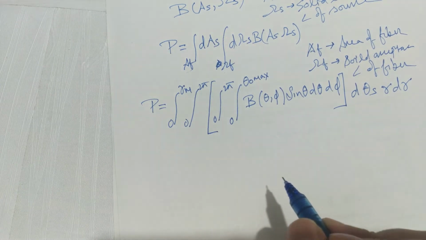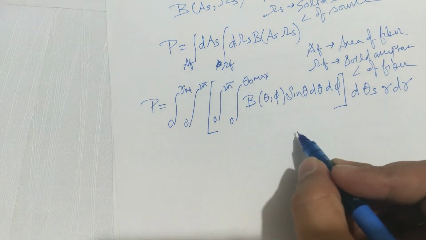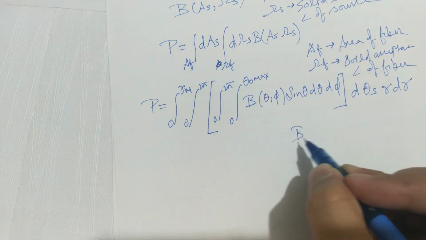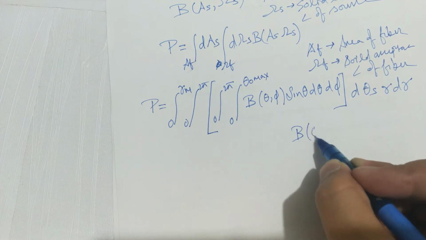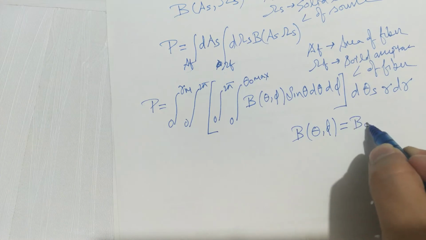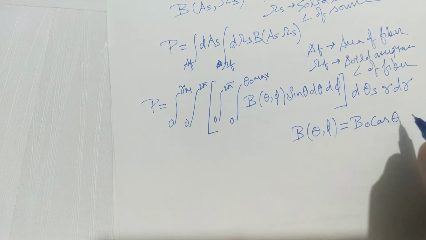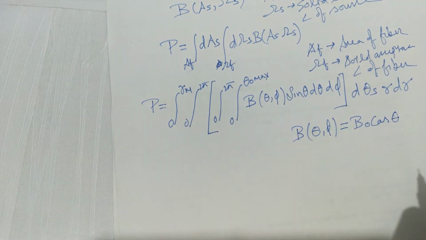We note that for a surface emitter, the Lambertian pattern was defined by B(theta, phi) equal to B_0. This is also a formula which we discussed in a previous video.